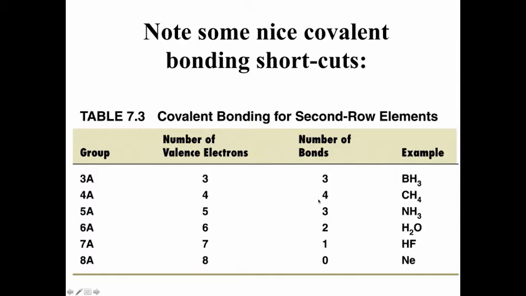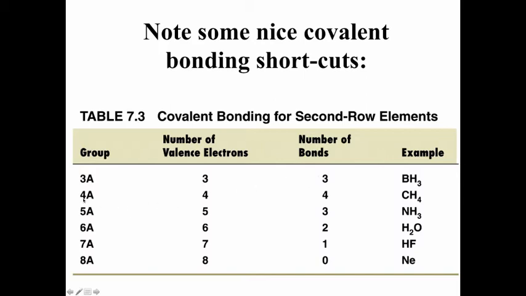A couple other things to be aware of. There are some nice bonding shortcuts in covalent bonding if we use the periodic table, and note that elements in group 3A or 13 have 3 valence electrons. Each of those valence electrons can share with another electron from another atom and form a bond, so they typically form 3 bonds.